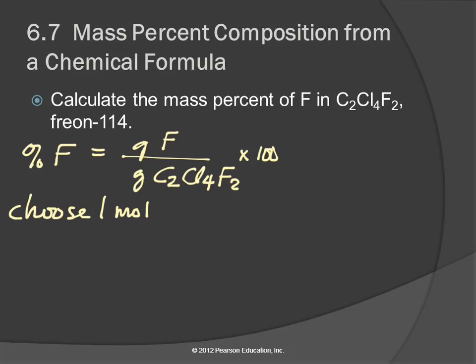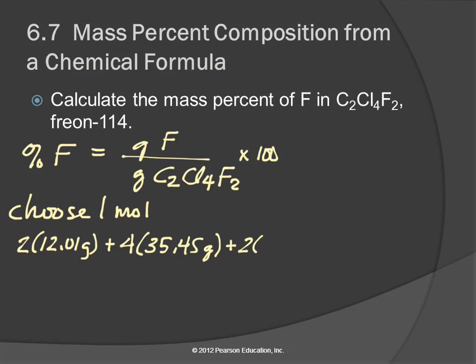There's 2 carbons, 12.01 grams. There's 4 chlorines, 35.45 grams. These numbers are coming off the periodic table in my head, but they're real close to the ones on the wall. 2 times 19.